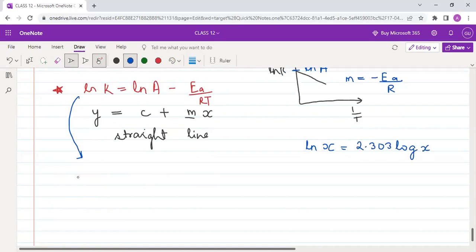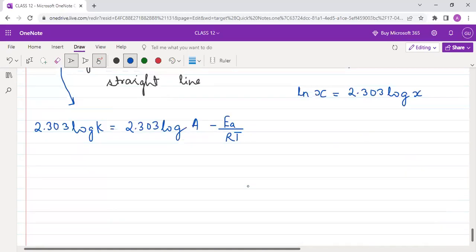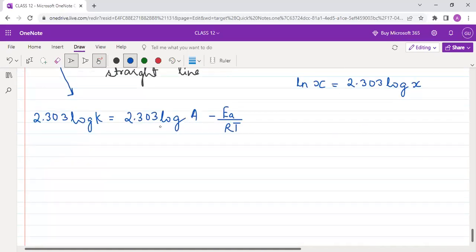So we can write 2.303 log K. We are changing ln A into log, so we'll write 2.303 log A, and minus Ea by R. Now, if you divide the whole equation, both sides, by 2.303, what will you get?